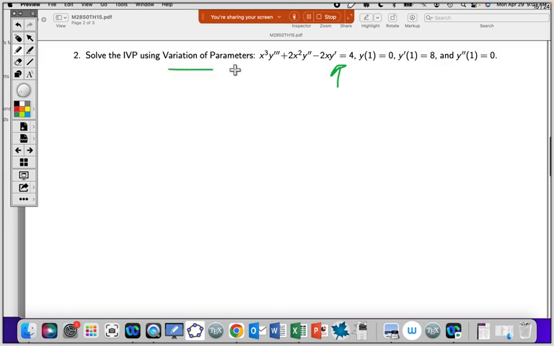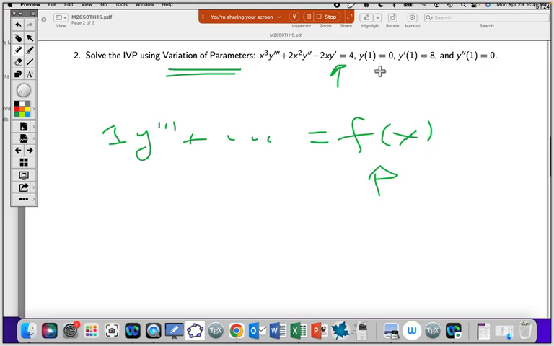Once again, if you're gonna use that variation of parameters, you need to make sure that you rewrite it like this to get the correct f of x before you go off and use your formulas. This is an initial value problem, so in addition to getting your yp, once you get the yp, you got to stuff everything in to determine your constants on your complementary solution.